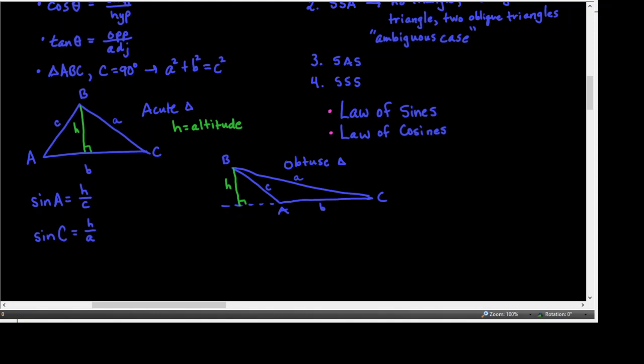And if I were to solve in each case for H, so in this case I'm going to multiply both sides by C. And in this case, to solve for H, I'm going to multiply both sides by A. And of course, the altitude is equal to itself. So by substitution, that means that C times sine of A is equal to A times sine of C.